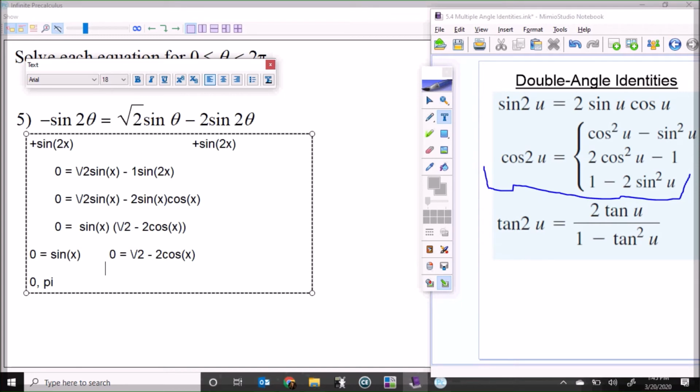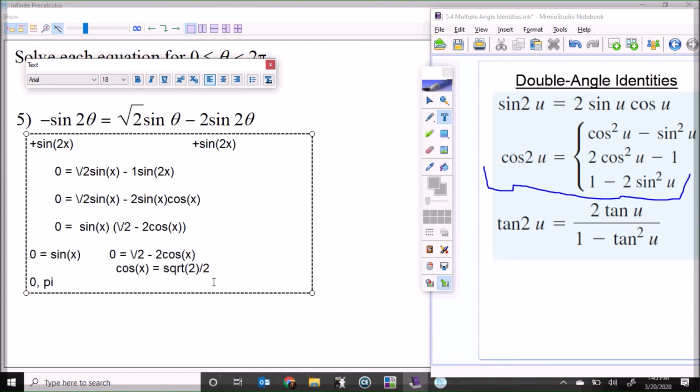Actually, I'll come up here and say, well, this one I would subtract the square root of 2, or I would just maybe add 2 cosine x to both sides and then divide by 2. Either way, I get cosine of x equals the square root of 2 divided by 2. Okay, and it would be positive.